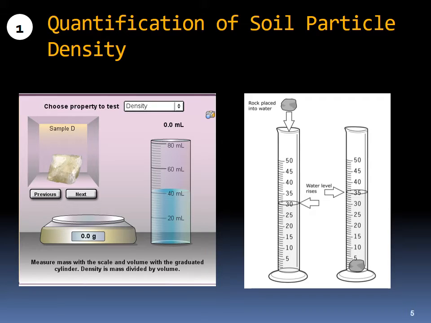And then you just divide the mass of the quartz by the volume displaced, and that would be the particle density. Now, when you do the same process for the gold, the displacement, because the gold is lighter in weight, it will be less. That's why then the particle density of the gold will be less than the quartz.